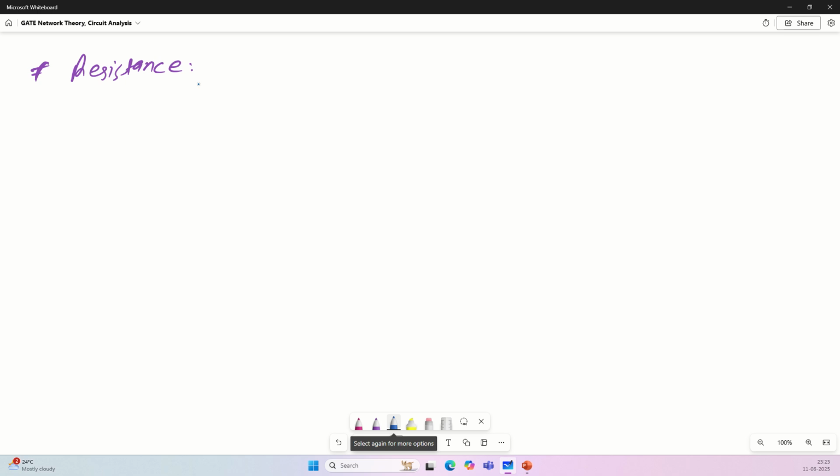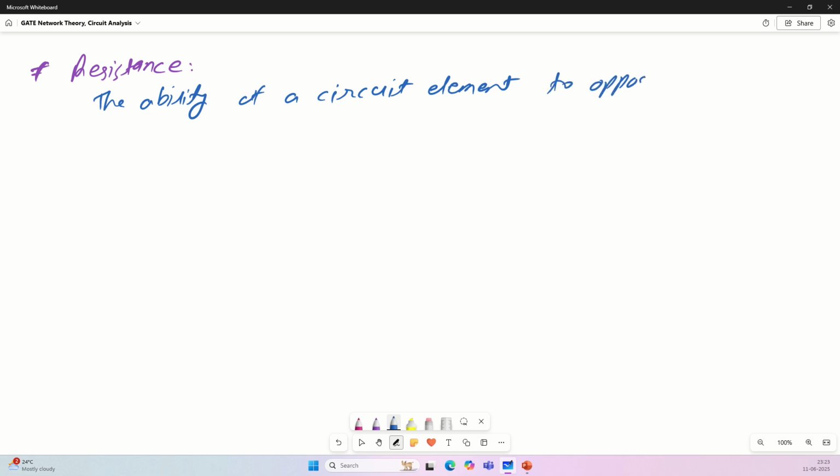So you can say the ability of a circuit element to oppose the flow of current is known as resistance.